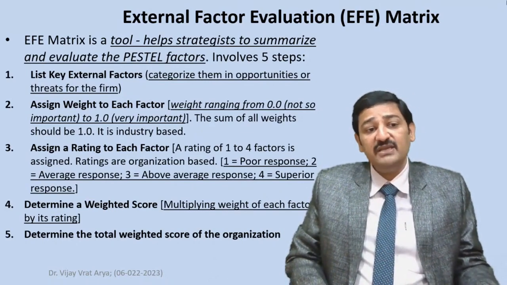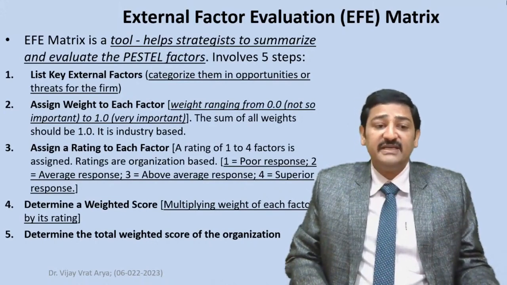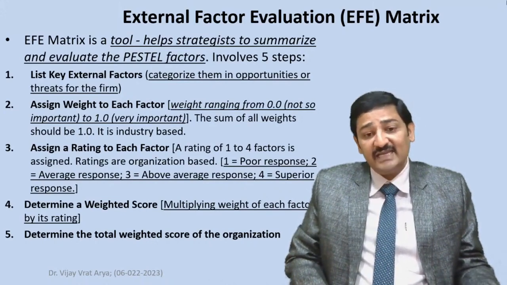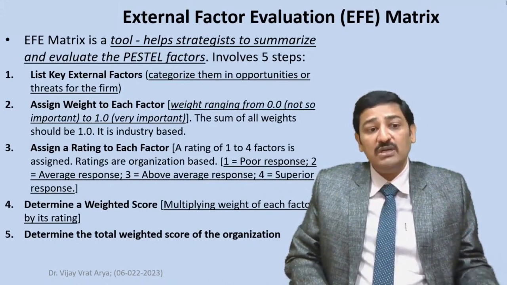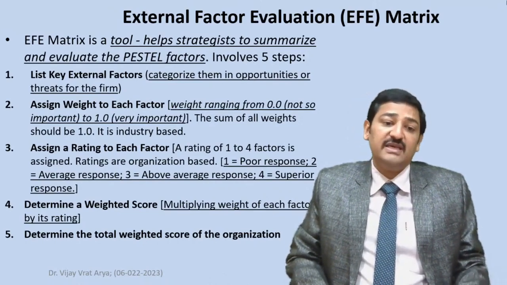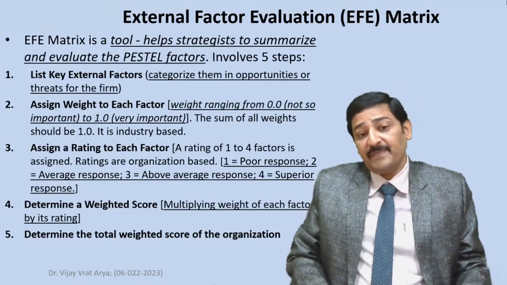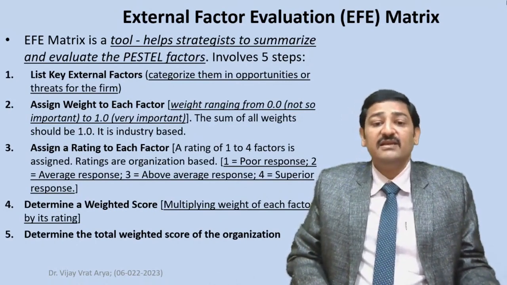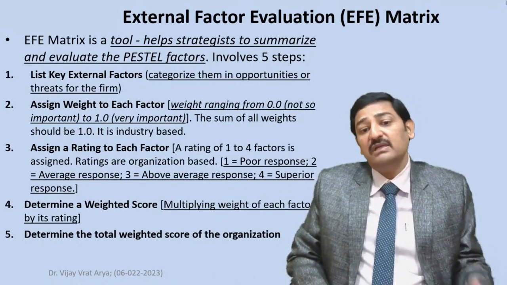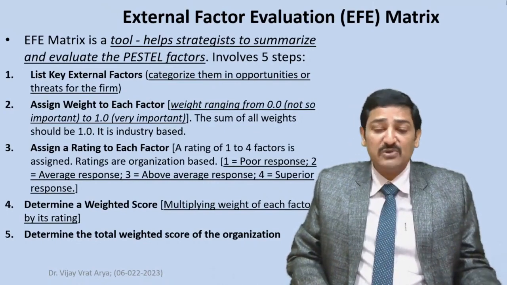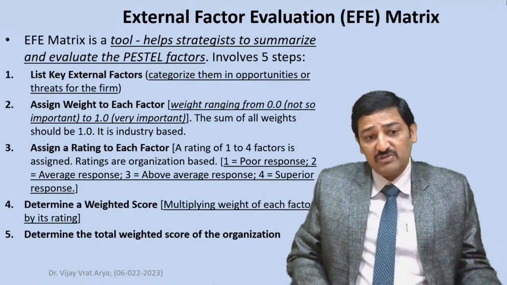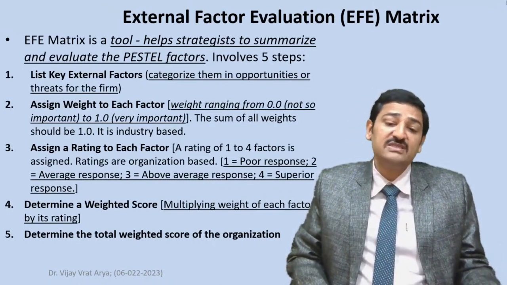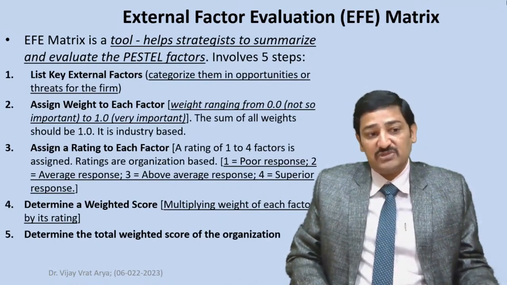Now, in step 3, we need to assign a rating to each factor, which can be from 1 to 4, and it is usually an organization-based rating, where on the scale from 1 to 4, 1 stands for poor response, 2 is average response, 3 is above average response, and 4 is superior response.